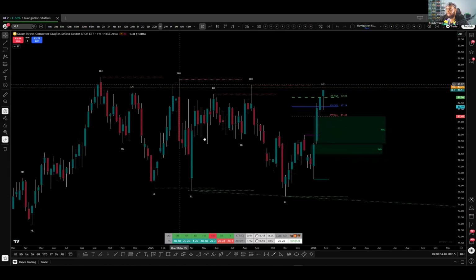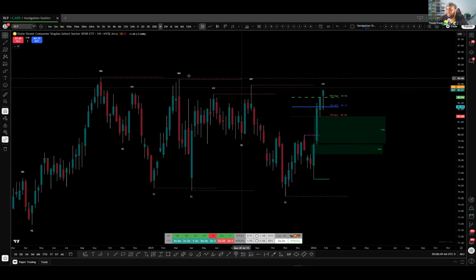So we definitely have it inside of kind of a range. If we look at swing high, swing high, swing high, swing high, swing low, swing low, swing low, broadening formation, and we can see how relatively close these swing highs and swing lows are.